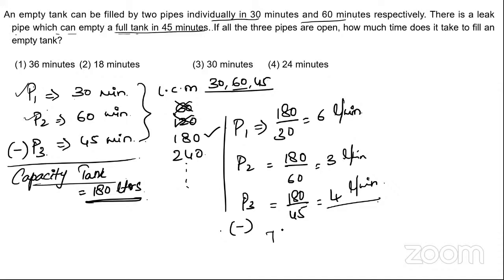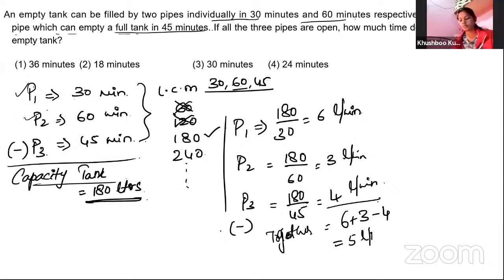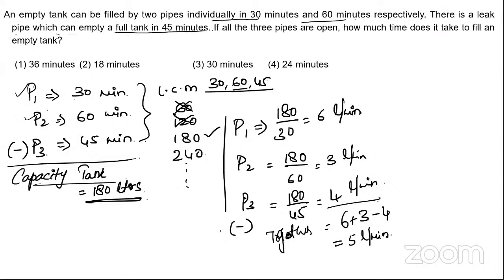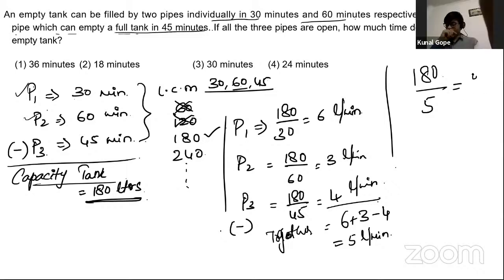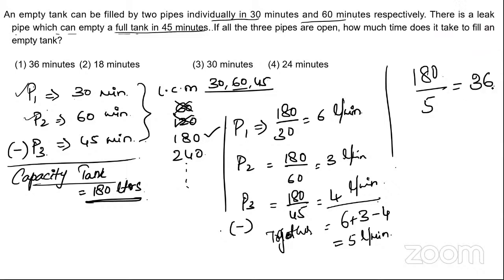So together, 6 plus 3 is coming inside the tank, but 4 liters is going out of the tank, correct? So that's 9 minus 4, 5 liters per minute is being filled. What is the capacity of the tank? 180 liters. So to fill 180 liters at 5 liters per minute? 36. I will take 36 minutes.